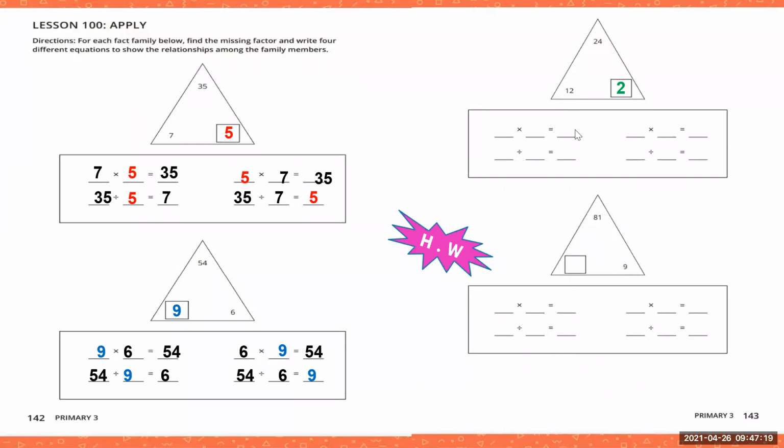And the commutative for it? 12 times 2 equals 24. Great, excellent, my dear. So 2 times 12 equals 24, and 12 times 2 equals 24.